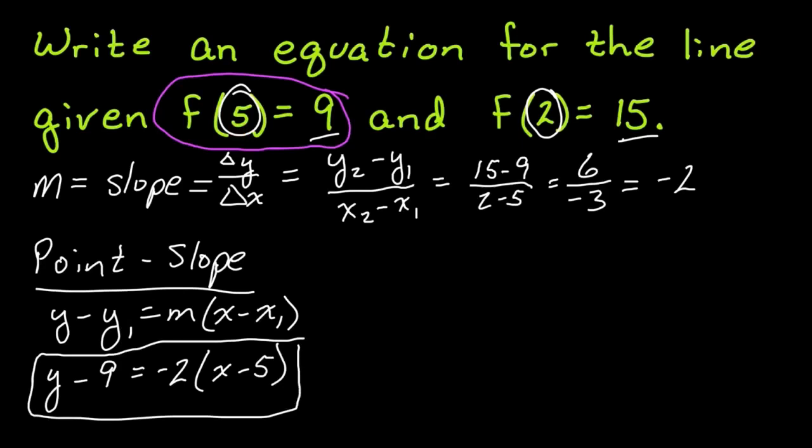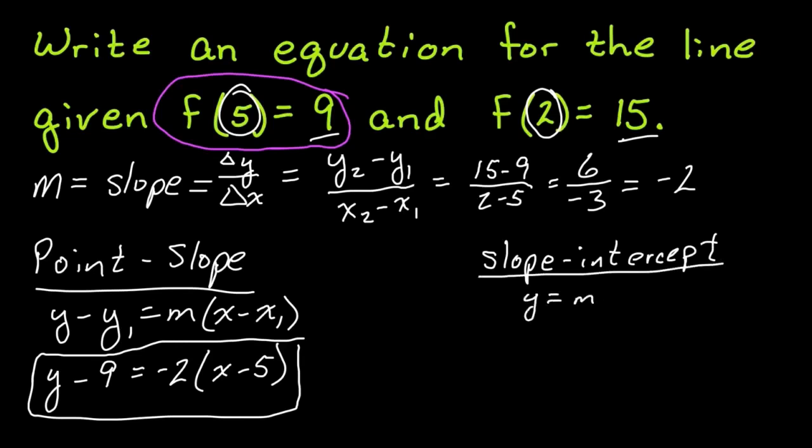Now, if you are asked to put your equation into slope-intercept form, slope-intercept form is y equals mx plus b. What you would do here, the first thing is distribute. So you'd multiply the negative 2 times the x.